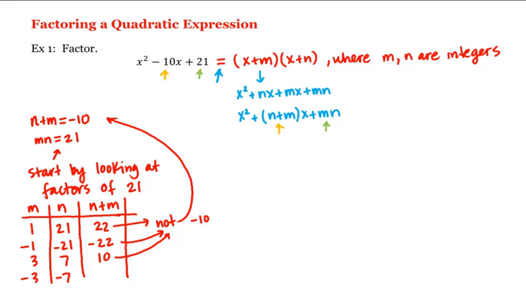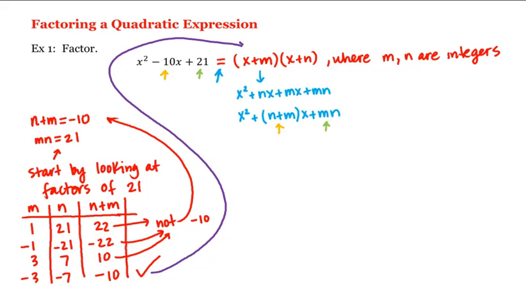But if we add these two factors together, yes, these add up together to give us negative 10. So therefore, we found our m and n up here. So our answer then is x minus 3 times x minus 7.